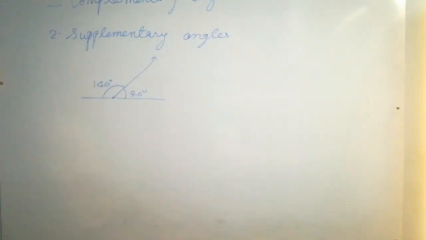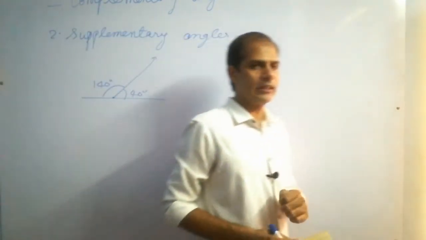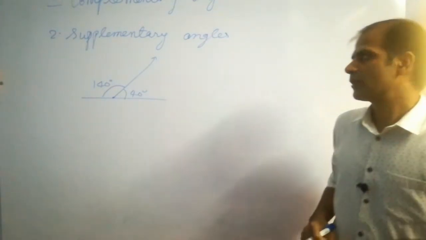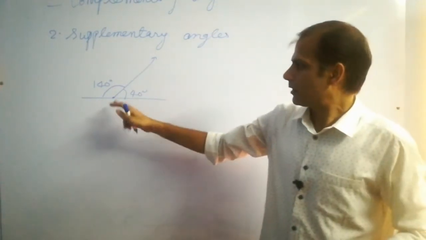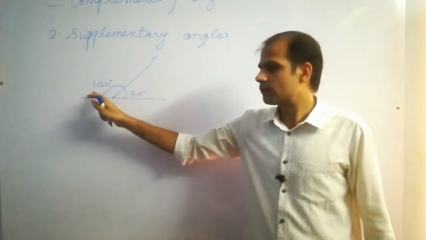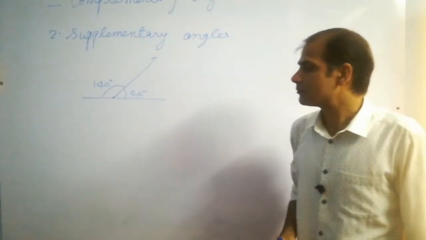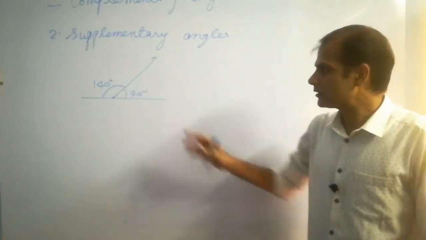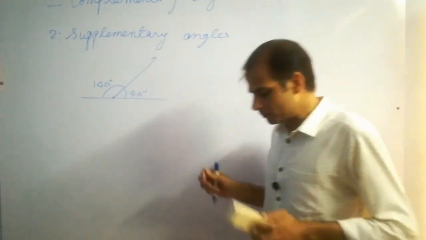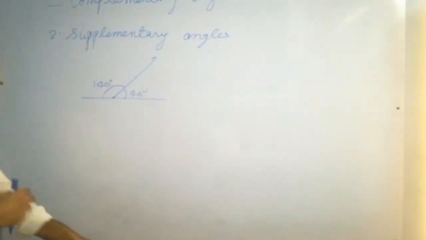As I told you, if the sum of two angles is 180 degree, they are called supplementary angles. In this figure, you can see this is 40 degree and this is 140 degree. So together they add up to 180 degree. Hence, both of these are supplementary to each other.